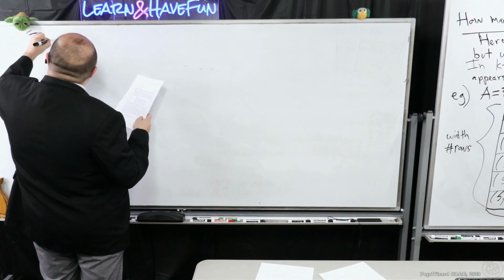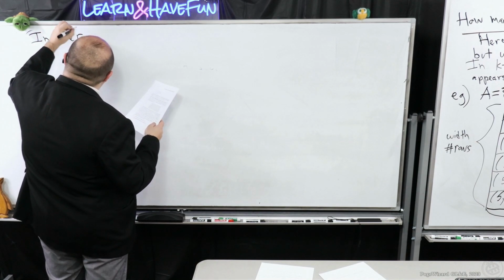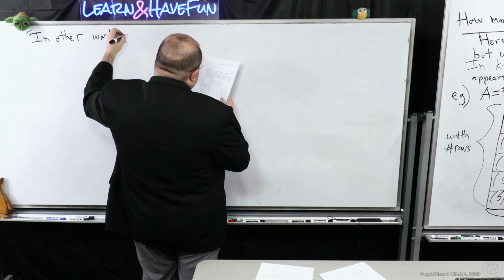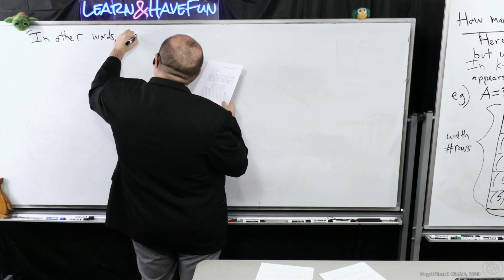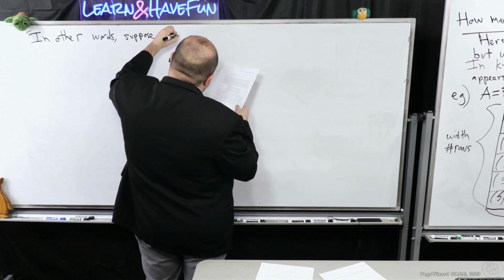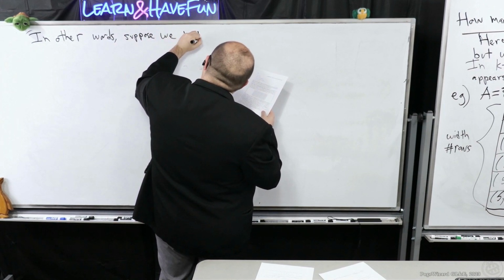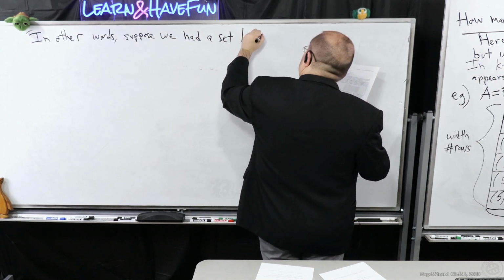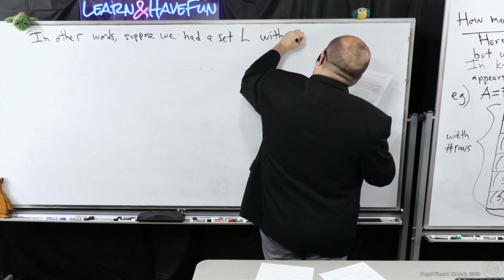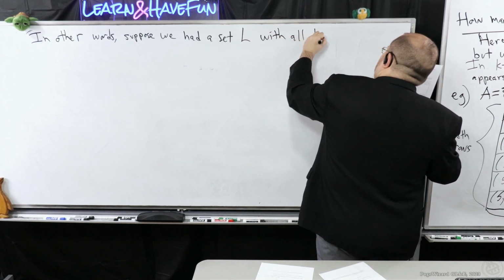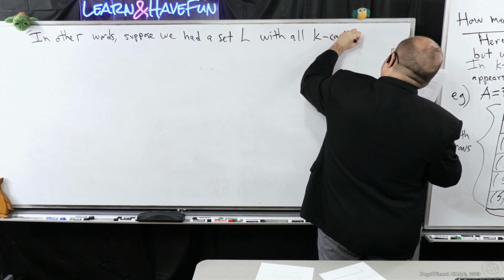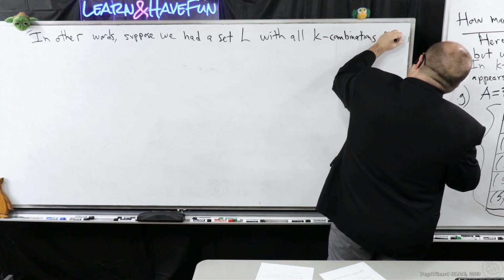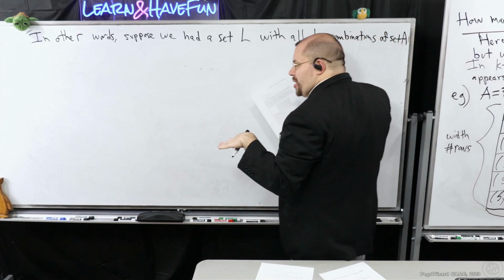In other words, suppose we had a set L with all k combinations of set A. Just generally, because we're not talking about 3 combinations anymore.